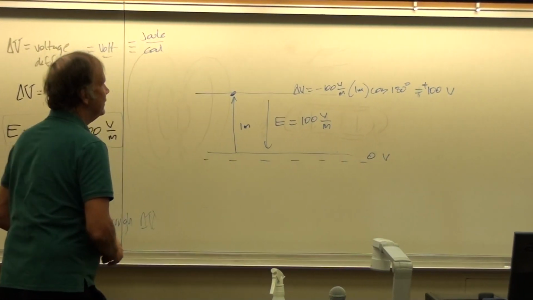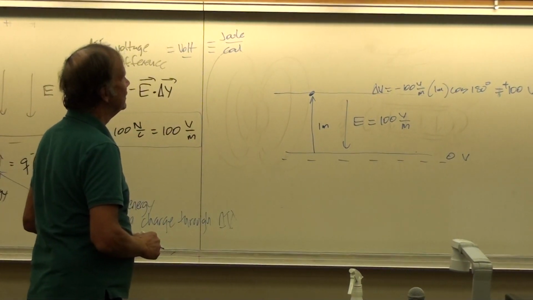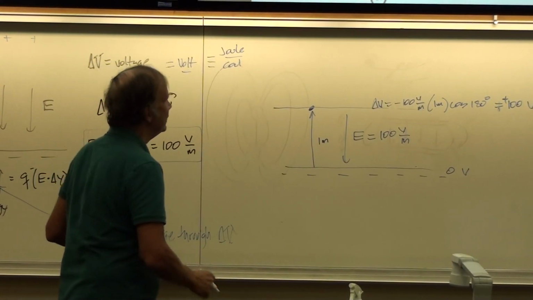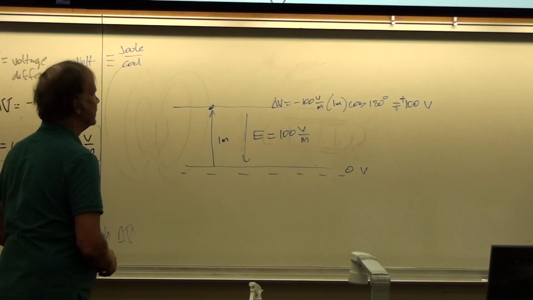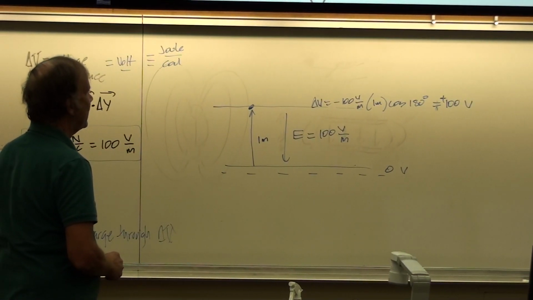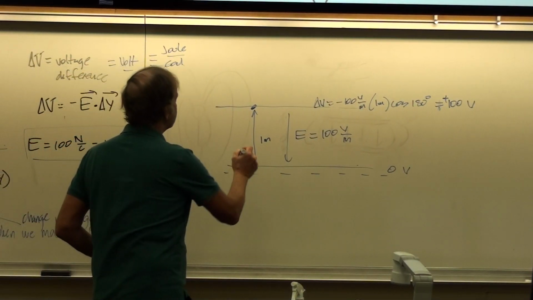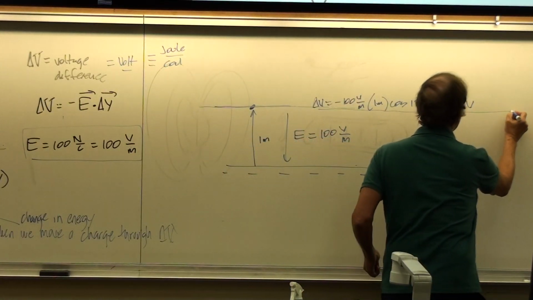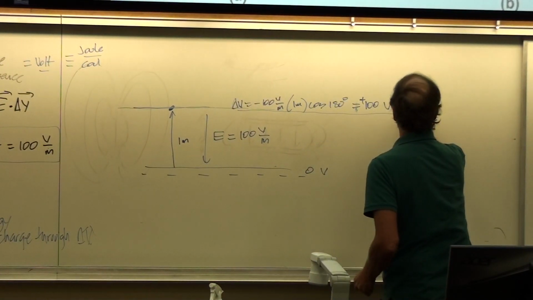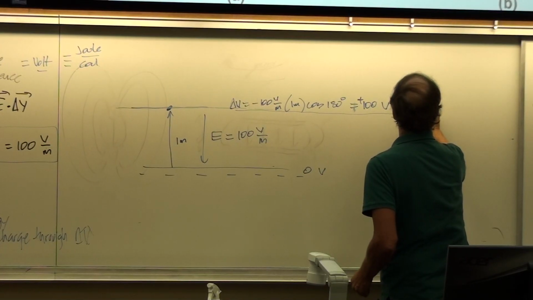You can choose it any way you want, but normally we consider the surface of the Earth to be our reference position of 0 volts. And so this line, because it would be the same all the way across, this would be called our 100 volt equipotential line.